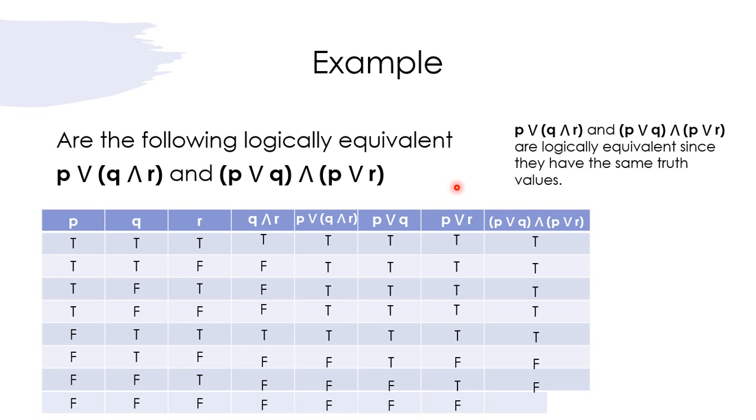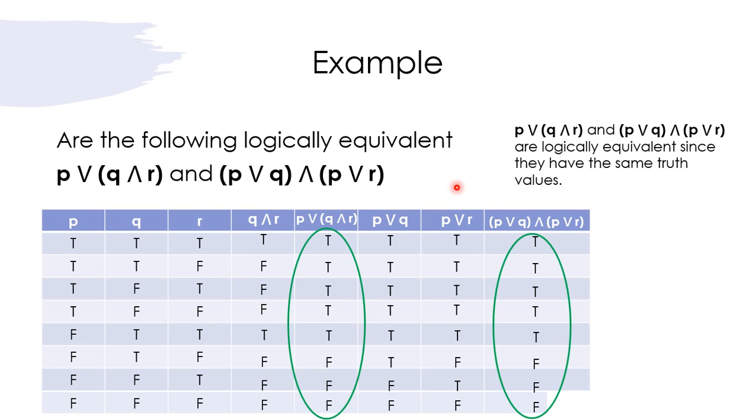We then compare the truth values of the statements that we want to prove are logically equivalent, and you can see that they are exactly the same. Now just a note, if we have any difference, then they would not be logically equivalent. If, for example, this is true and we have a false here, then even though that's also one thing, it still would not be logically equivalent.